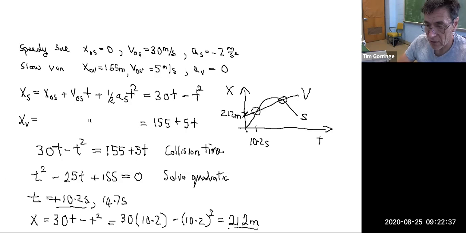Now, I would say that that's quite a challenging problem involving equations of motion. The thing that makes it more challenging is that there's two moving objects. There's Speedy Sue in the car, described by equations of motion. And there's the van, slow van, described by equations of motion.